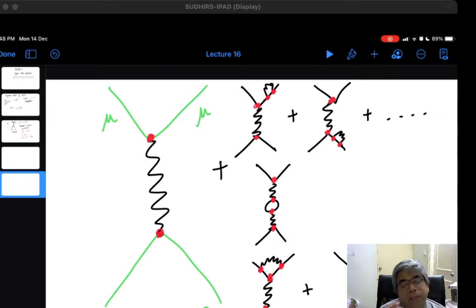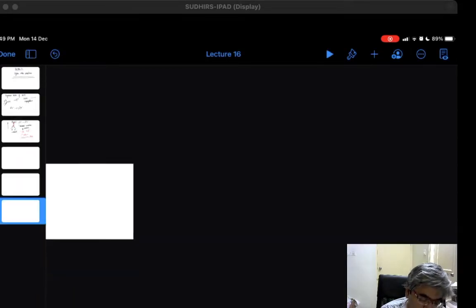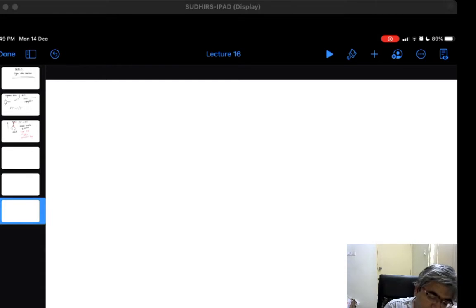In another case, if your experiment is extremely precise, then also this can be seen. So there are two cases when you can see them.